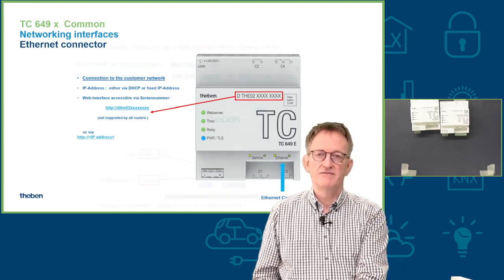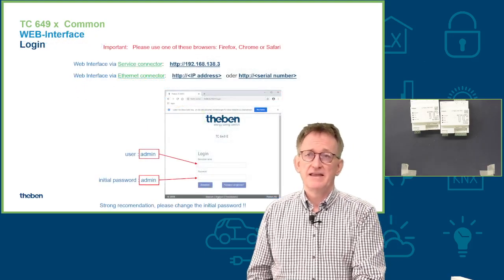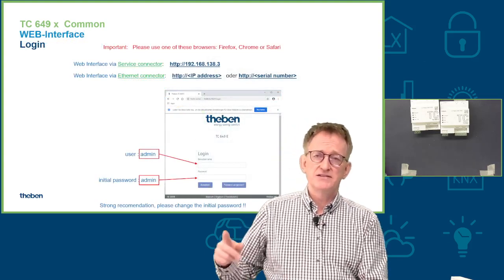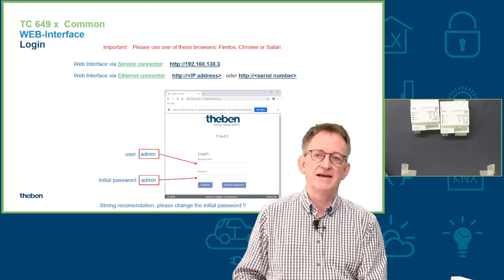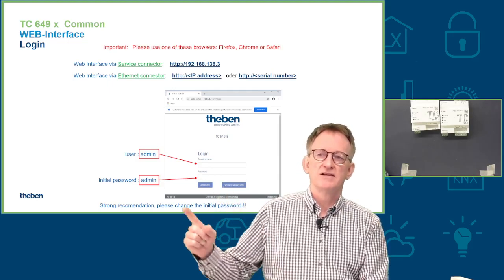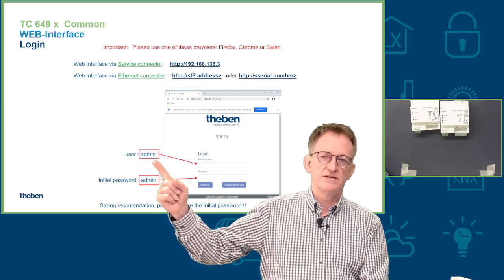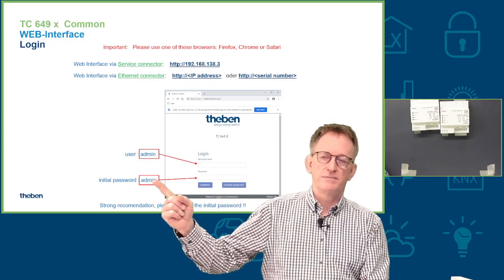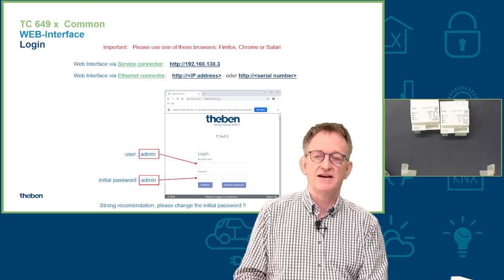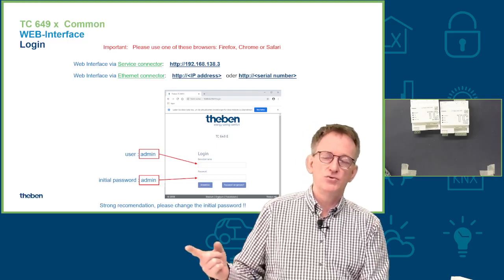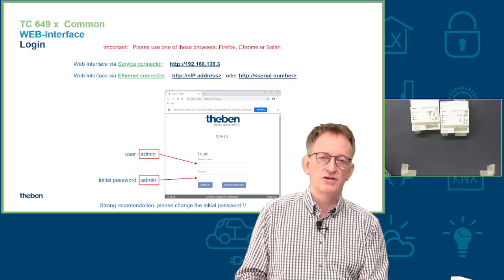Then if you are connected to the device, you will see the local web page of the TC649 with the login and password, and you just log in initially with user admin, password admin. But please do not forget to change the password.